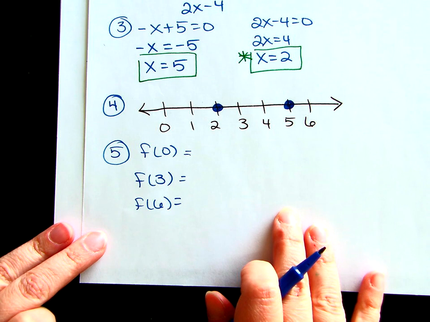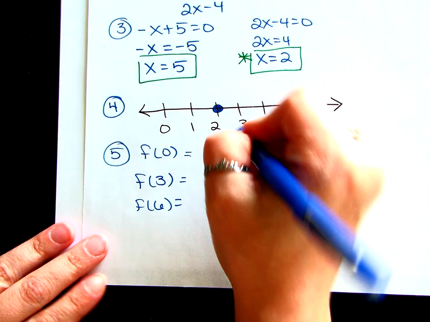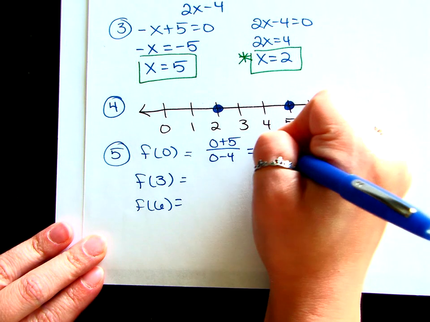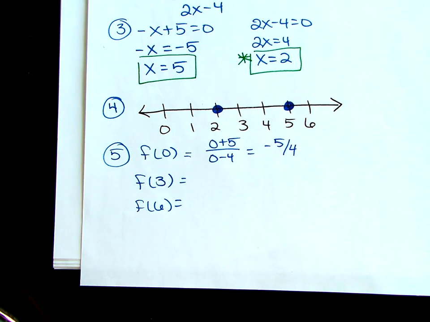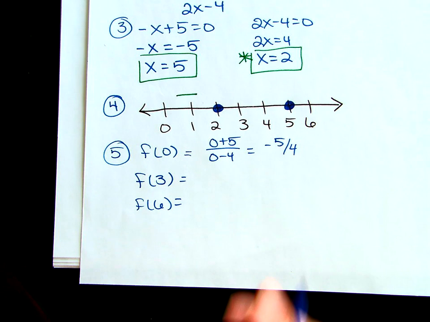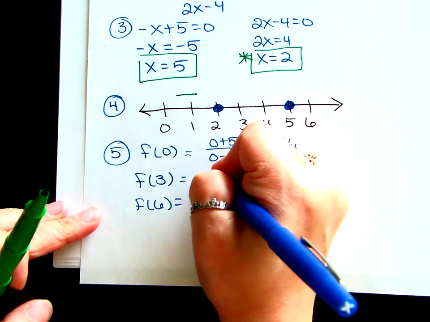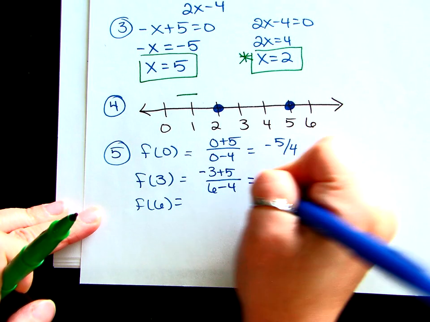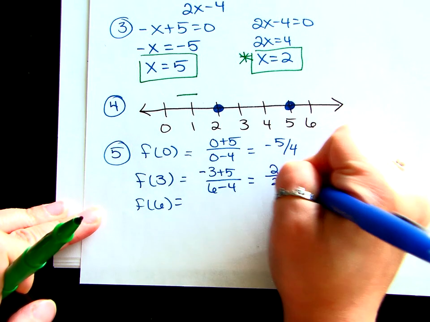F of 0, 0 plus 5 over 0 minus 4 is -5/4. F of 3, negative 3 plus 5, or 6 minus 4, 2 over 2, which is positive 1.